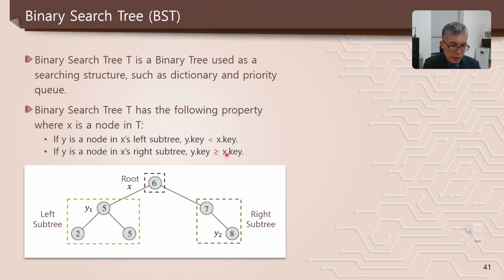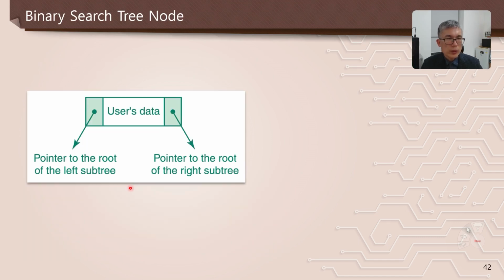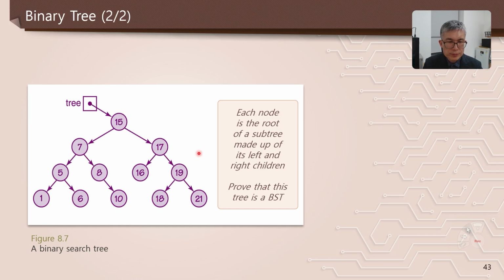Okay, so we have it like this. The root is X, and Y1's value is less than or equal to the root node X's value. So in the binary search tree node case, we can see user data, and the left-hand side and right-hand side point to the root, the left subtree or child, and this one is the right subtree, right child.